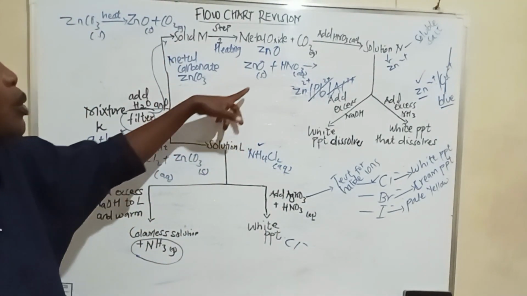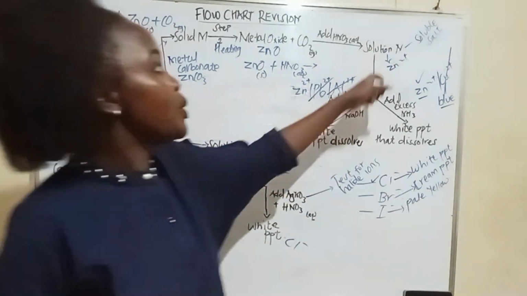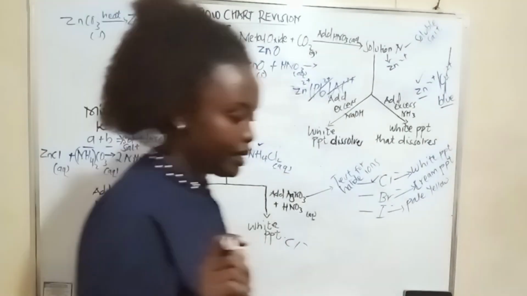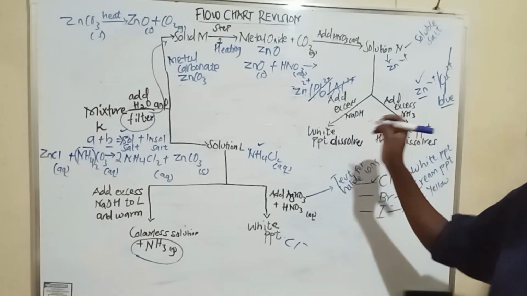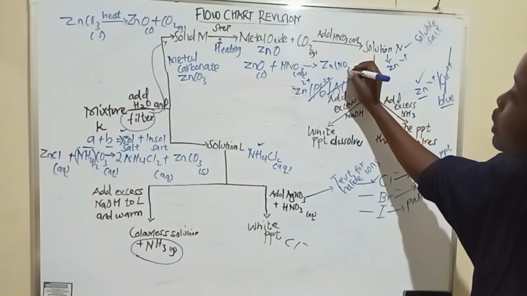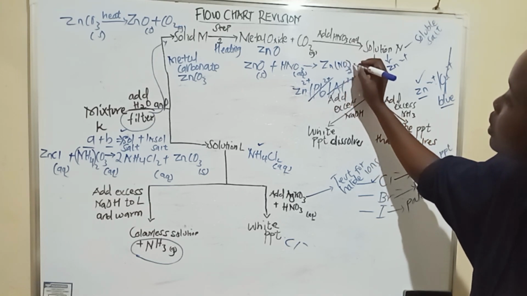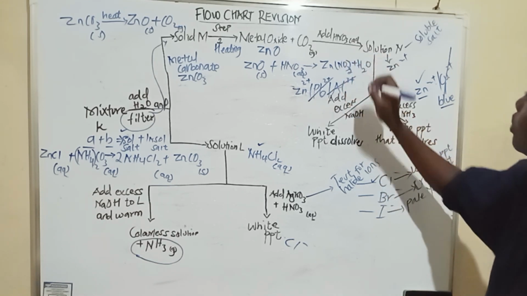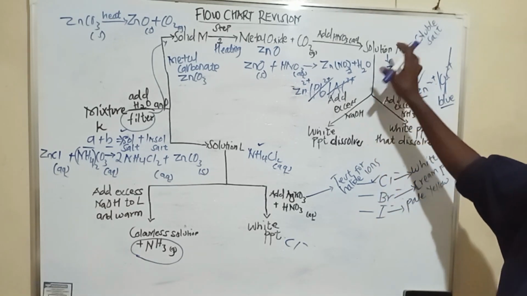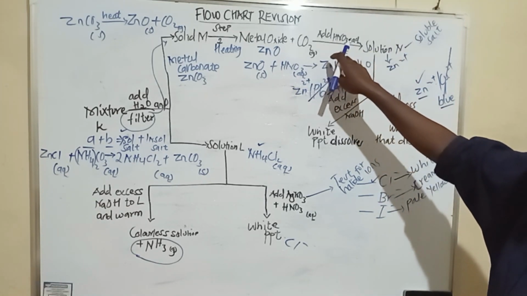Our salt is going to be zinc nitrate, which is the soluble salt in this case. So you form zinc nitrate plus water. That is how you write the equation that is supposed to be here.